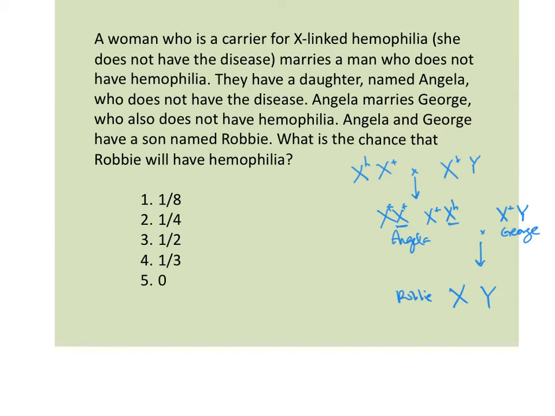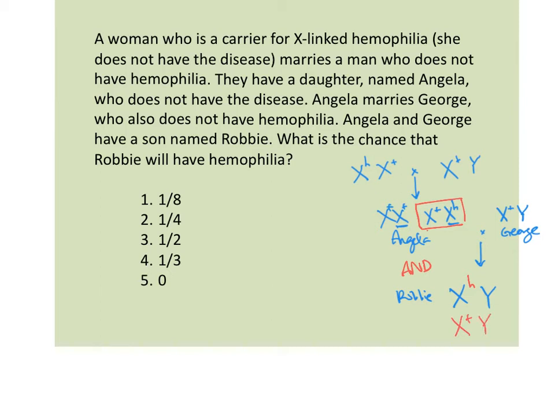In order to solve this problem, we need to rely on the multiplicative rule of probability. We want to calculate the probability of Angela being a carrier for hemophilia and the probability of Robbie having hemophilia. Because remember, Robbie could be XH or X plus.